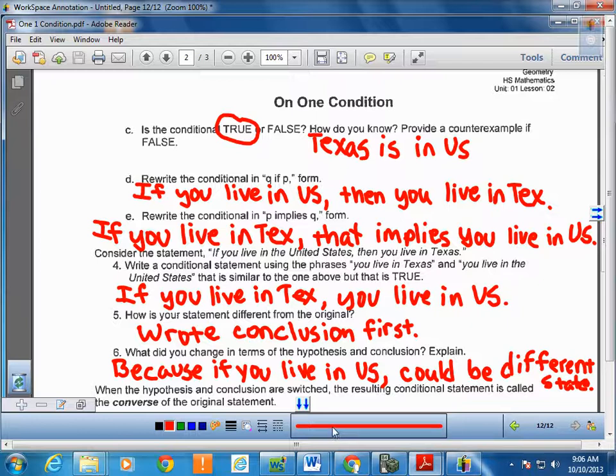When the hypothesis and the conclusion are switched, the resulting conditional statement is called the converse.